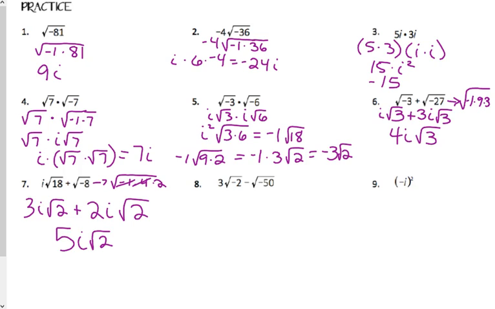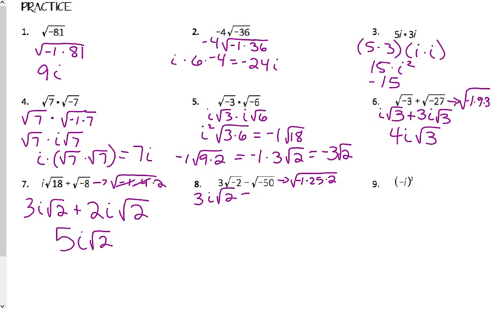Number 8, we have 3 square root of 2 minus the square root of negative 50. Again, we have to simplify first. So the first one, 3 times the square root of negative 2, is 3i square root of 2. And we're going to subtract. Negative 50 is negative 1 times 25 times 2.